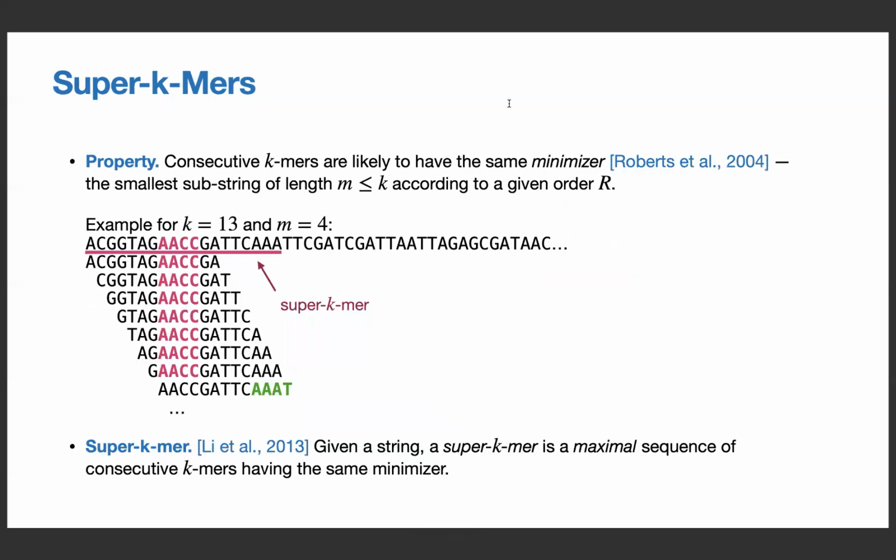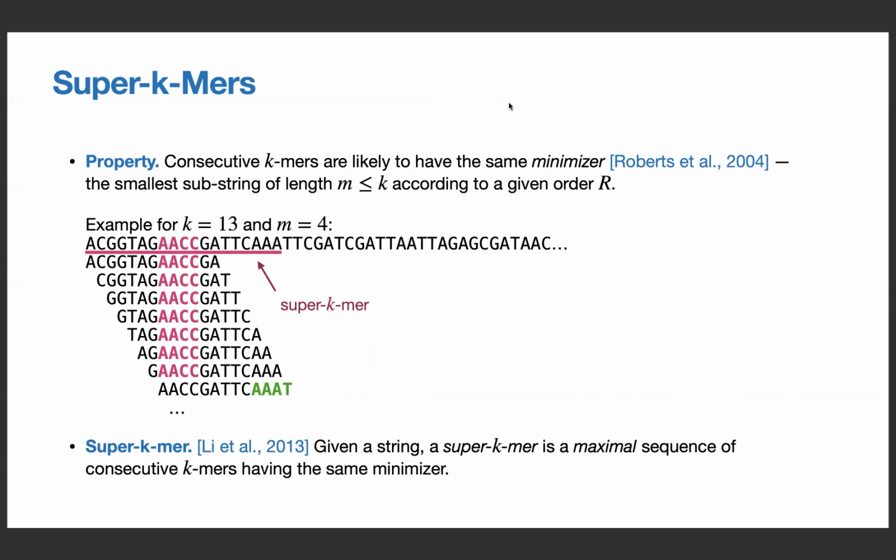Let's now introduce the first ingredient of our solution, the so-called super-k-mers. We have the following empirical property: consecutive k-mers are likely to share the same minimizer. The minimizer is just the smallest substring of length m, at most equal to k, according to a given order. Here in the slide you see an example for k equal 13 and m equal 4.